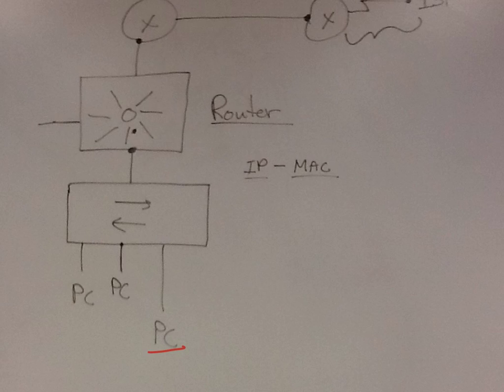We've got PCs in the room. The switch remembers their MAC addresses. When a PC leaves, and let's say it goes out to the internet, traffic goes up here. How does it know not to go to another device here? Well, we have an IP address.